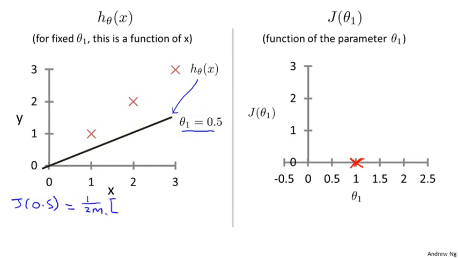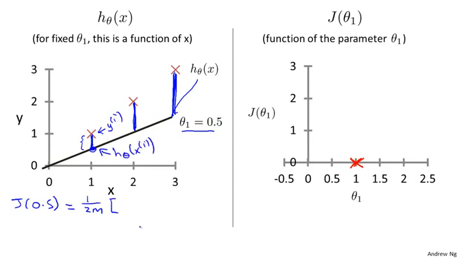It turns out that the cost function is going to be the sum of squared values of the height of this line, plus the sum of squared height of that line, plus the sum of squared height of that line, right? Because this vertical distance is the difference between y^(i) and the predicted value h of x^(i).